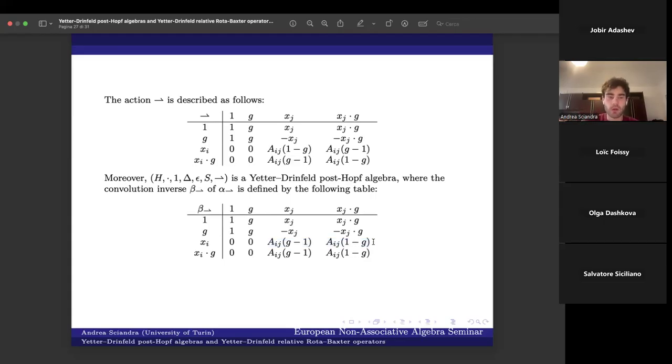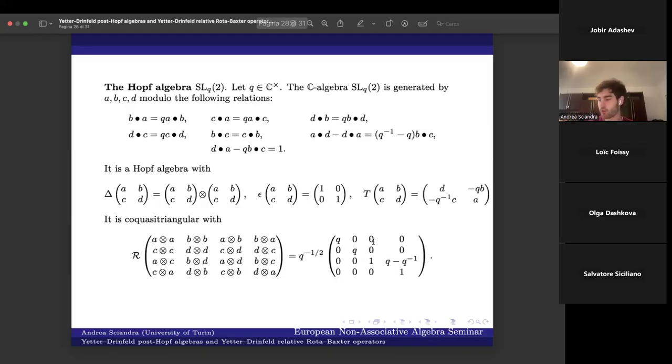And now we finish with the last example, which is given by the Hopf algebras SL_q(2). So start with a complex number q different from 0 and consider the algebra generated by 4 elements, A, B, C, and D, modulo this relation. We can see that we have some deformed commutativity condition.